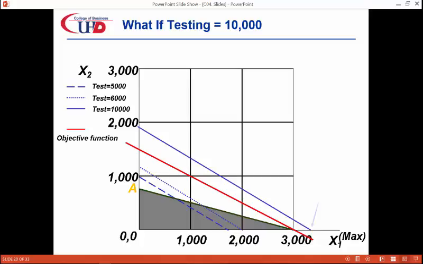The new testing constraint line is totally above the green assembly constraint line. It means the feasible region remains the same as when the testing capacity is 9,000 hours. Hence, we cannot and don't need to move the isoprofit line again.